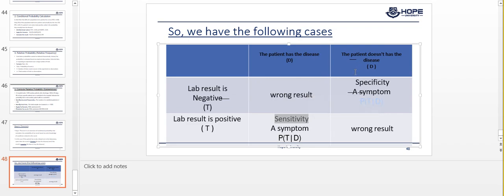Patients with a negative test and without the disease are called specificity. The other two cells are the wrong tests. Epidemiologists use this 2 by 2 table, and the wrong sides become false negative and false positive, as you know from the formulas we have explained.